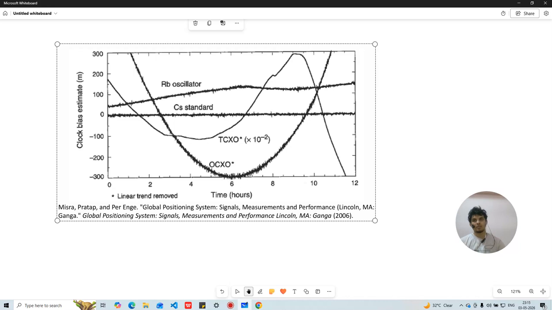Random noise characterization. Allan variance, Hadamard variance, phase noise PSD. Really not in the mood to write on this weird tablet.